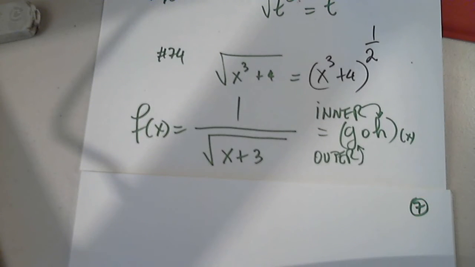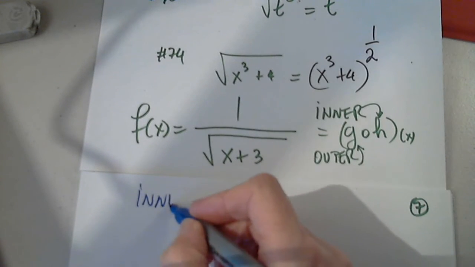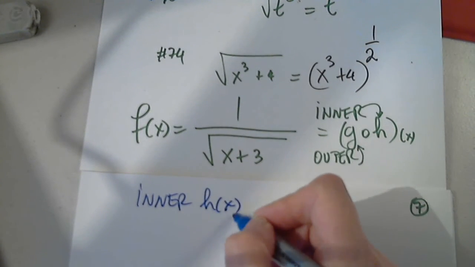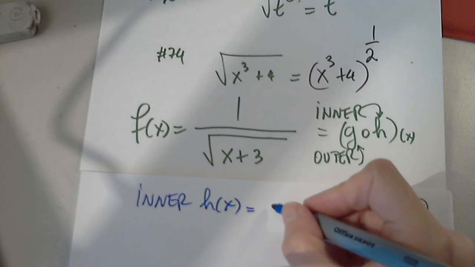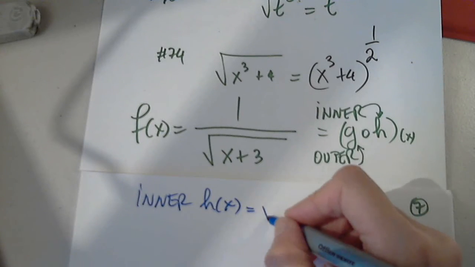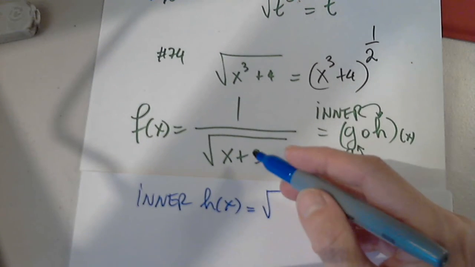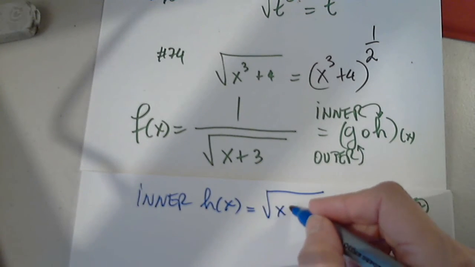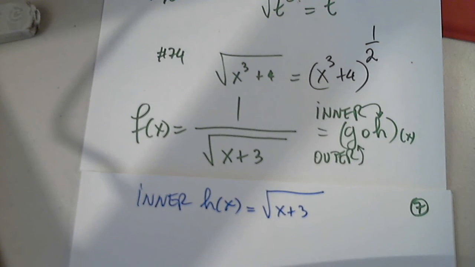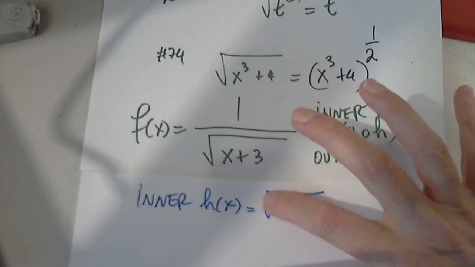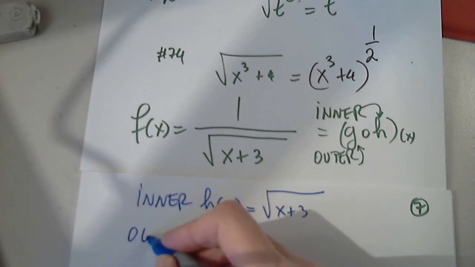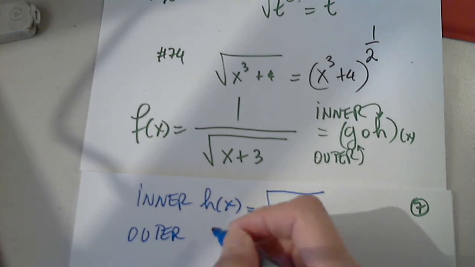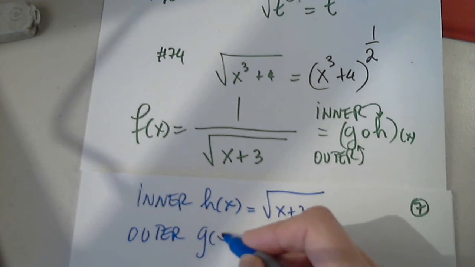That will be our h of x. Would the inner be the square root of x plus 3? You can consider that. I would have said x plus 3 first, but that's fine. You will evaluate this and automatically apply the square root. That's fine. Now we want to determine an outer, which in this case is g of x.